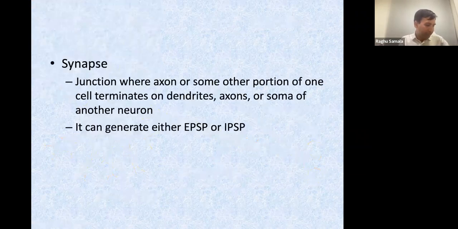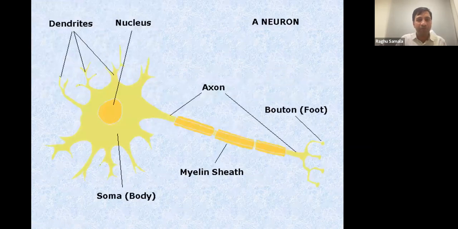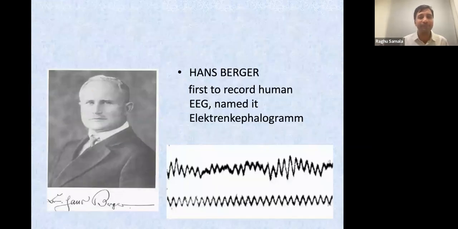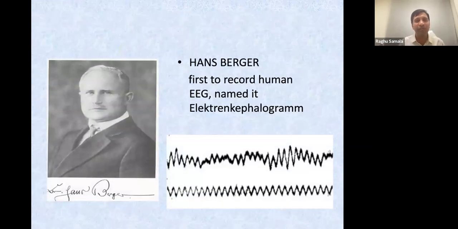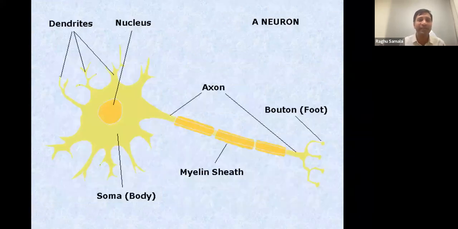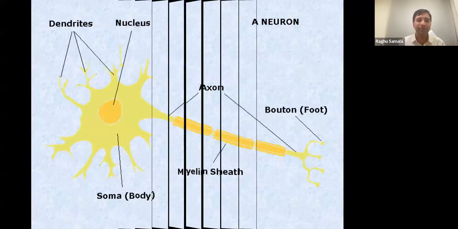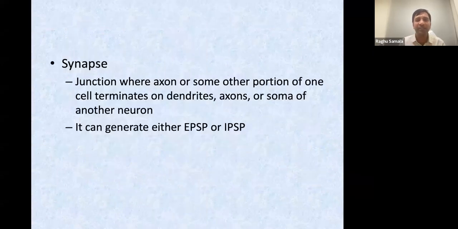We know that all the basic things start at the synapse. You have a soma, you have an axon. The soma contains multiple dendrites and multiple synapses, the junctions where the axon or some other portion of one cell terminates on dendrites, axon or soma.